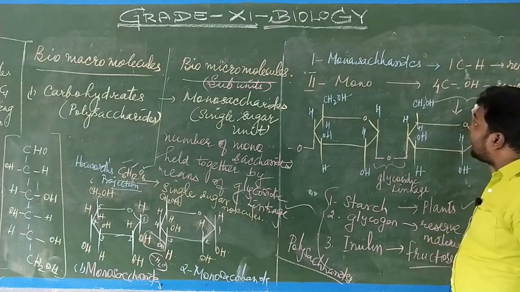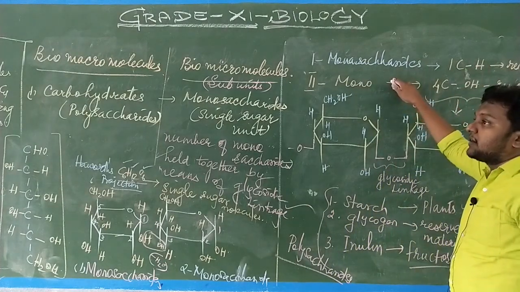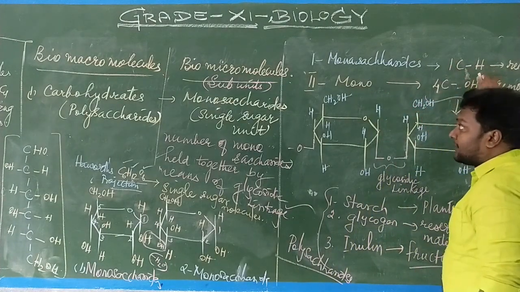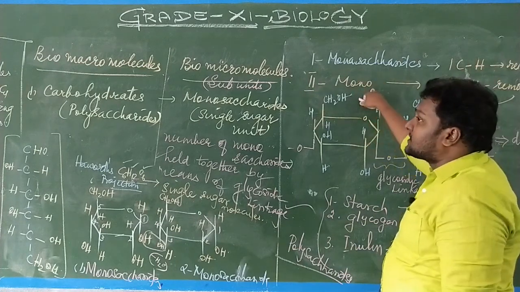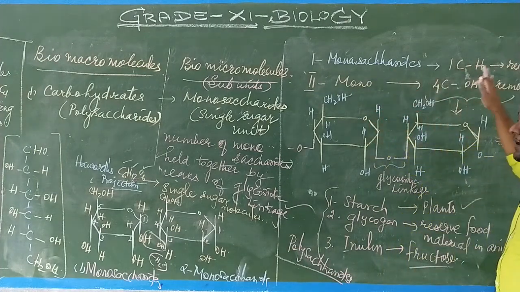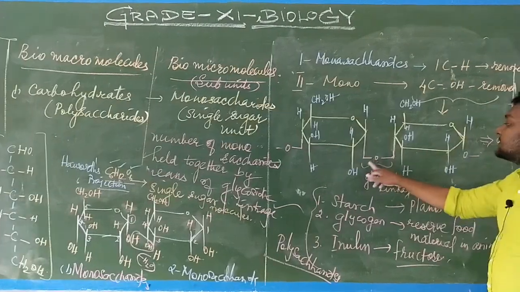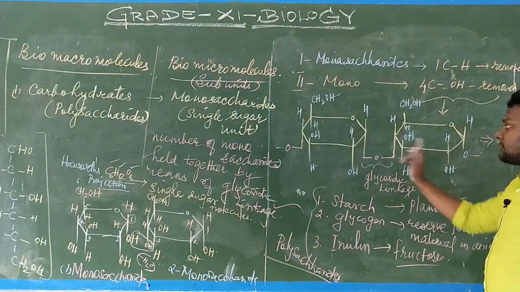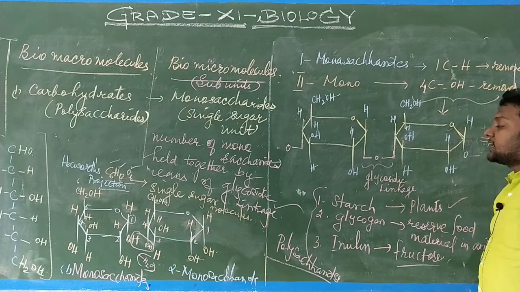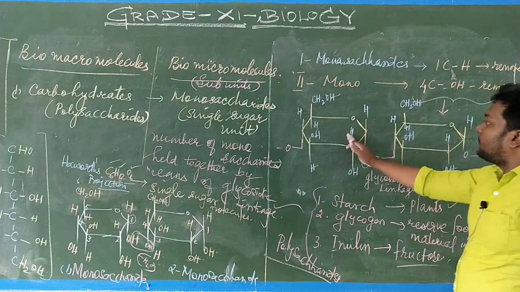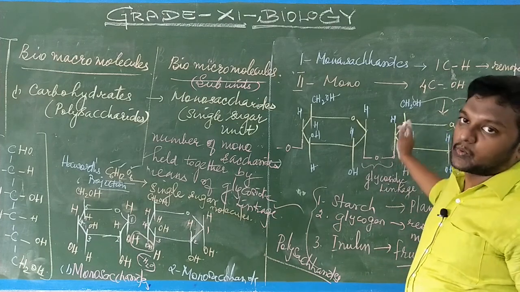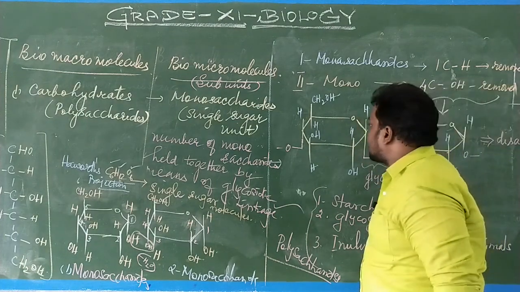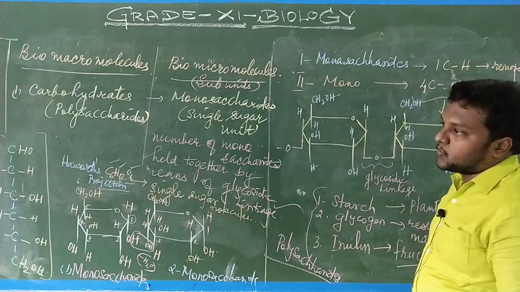The hydrogen on the first carbon of the first glucose molecule and the OH group on the fourth carbon of the second glucose unit combine and water is eliminated, so there occurs a linkage between the two monosaccharide units. Such a linkage is called a glycosidic linkage. Now it is a disaccharide unit, the sucrose molecule. Sucrose is an example of a disaccharide.